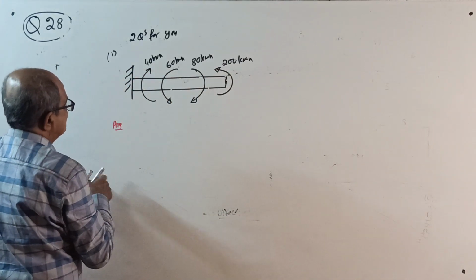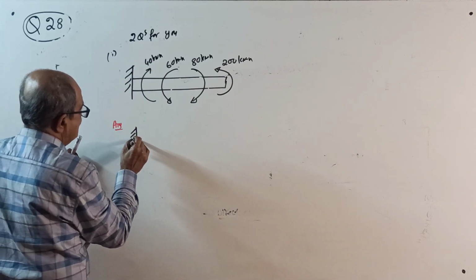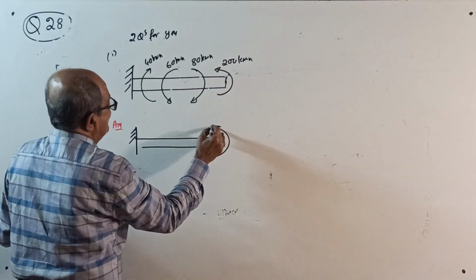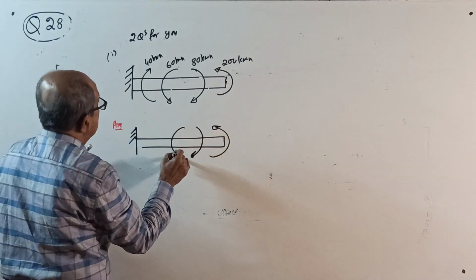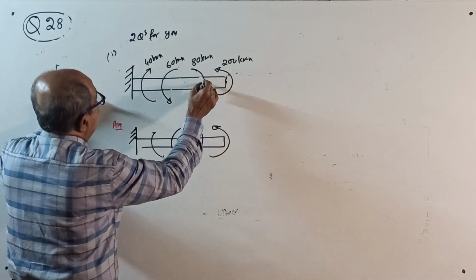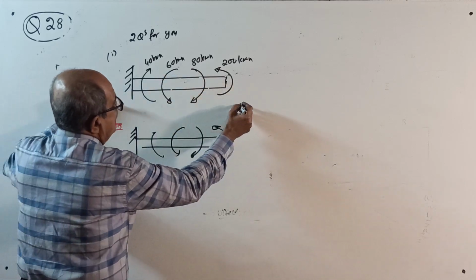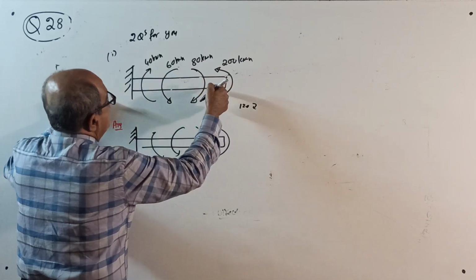Answer. Write all the couples. Clockwise 80 and clockwise 40, clockwise 120.